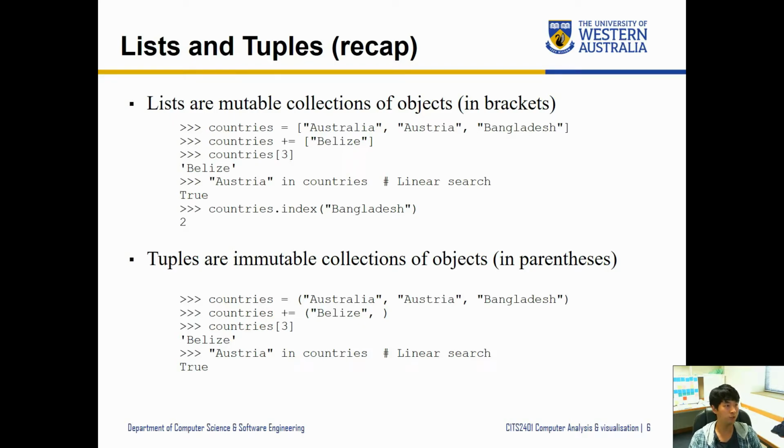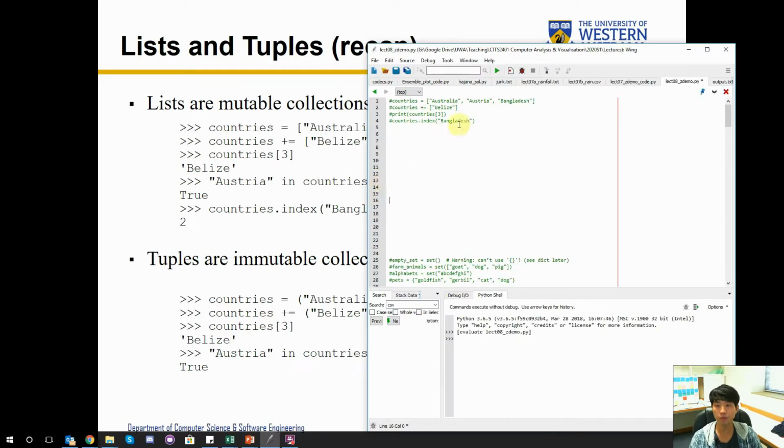So let's have a quick look at using lists. Hopefully this will be familiar to you. We can create a list in square brackets, and then we can add new items into the list. We can also check what's at a specific index of a list.